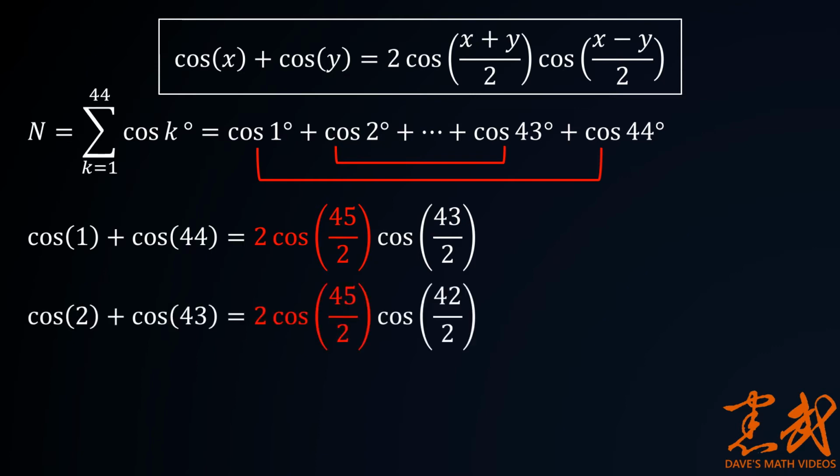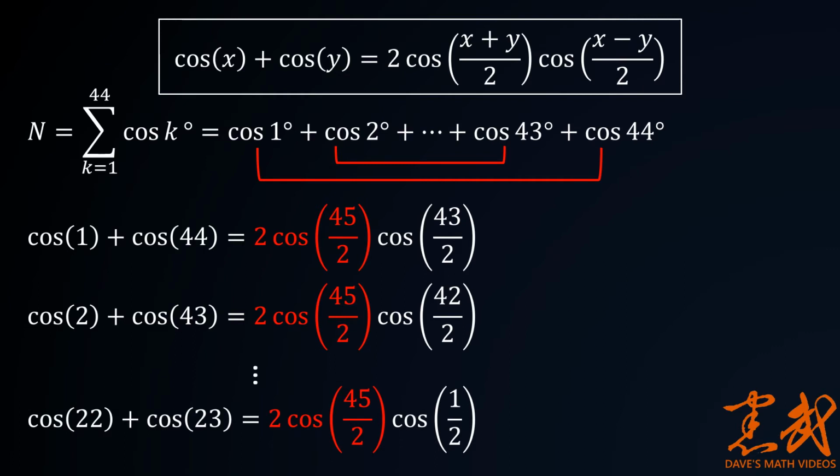We can write that the cosine of 2 plus the cosine of 43 is equal to 2 times the cosine of 45 over 2 times the cosine of 42 over 2. And we can keep on doing this until we get to the cosine of 22 plus the cosine of 23, which is equal to 2 times the cosine of 45 over 2 times the cosine of 1/2.